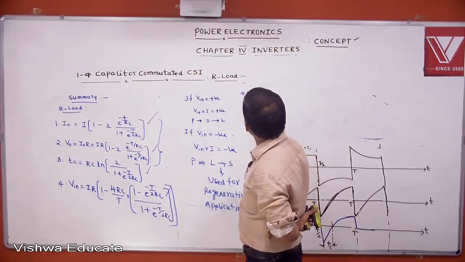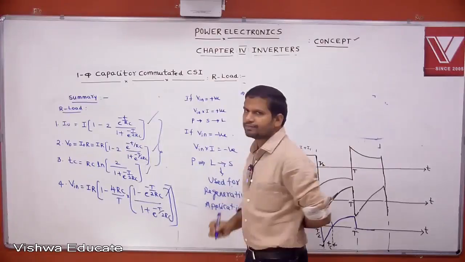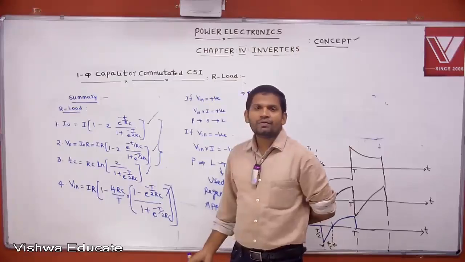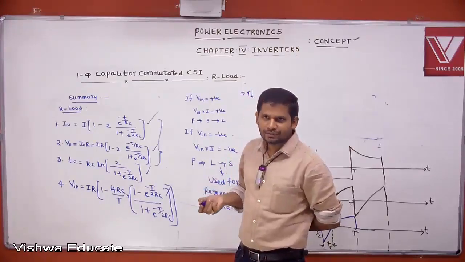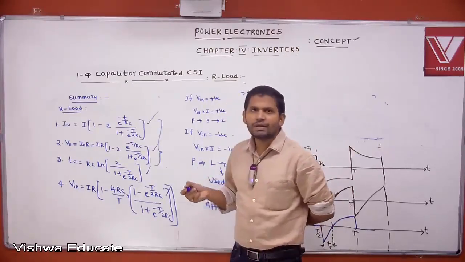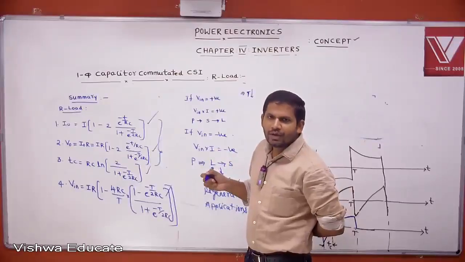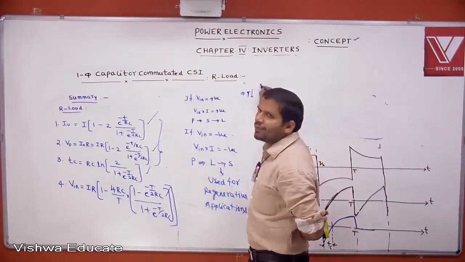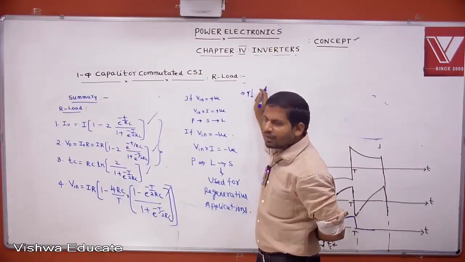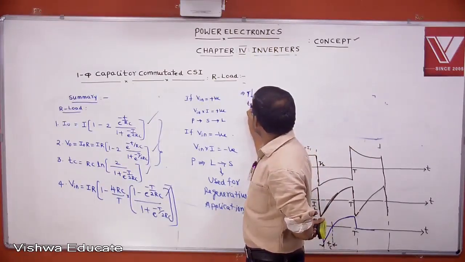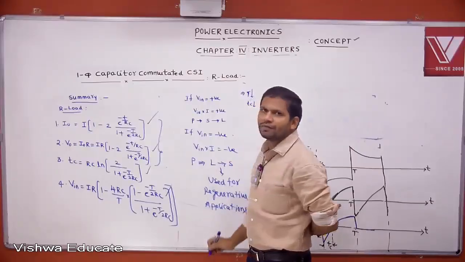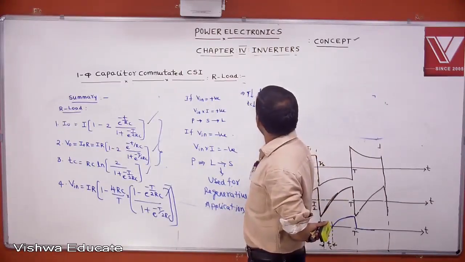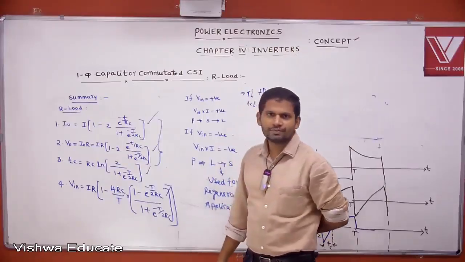If T is reduced, TC is also reduced, meaning the circuit turn-off time is also reduced. Then if T is reduced, the frequency of operation is increased.